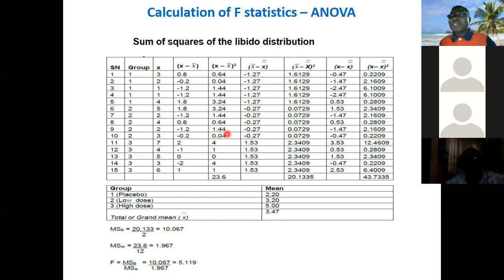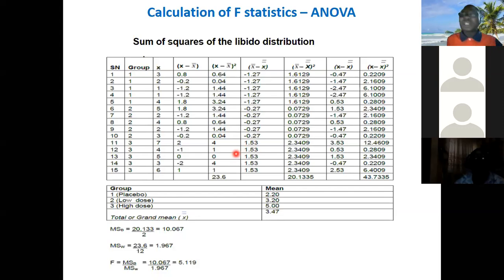That is why summing the deviation does not make any progress. That is why the intelligent people now square the deviation. When they square the deviation, it gives you positive, no more negative.